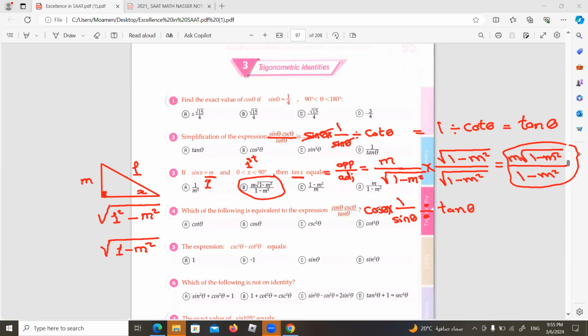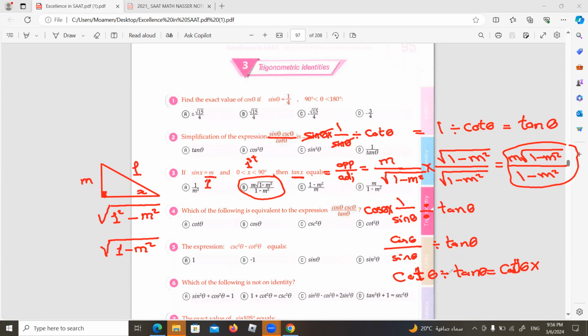The second step. Cosine over sine. So I just write here cosine theta over sine theta divided by tan theta. So, mister, cosine over sine is what? Sine over cosine is tan. But this is what? Cotan. So cotan theta divided by tan theta means cotan theta multiplied by cotan theta, because tan means 1 over cotan.